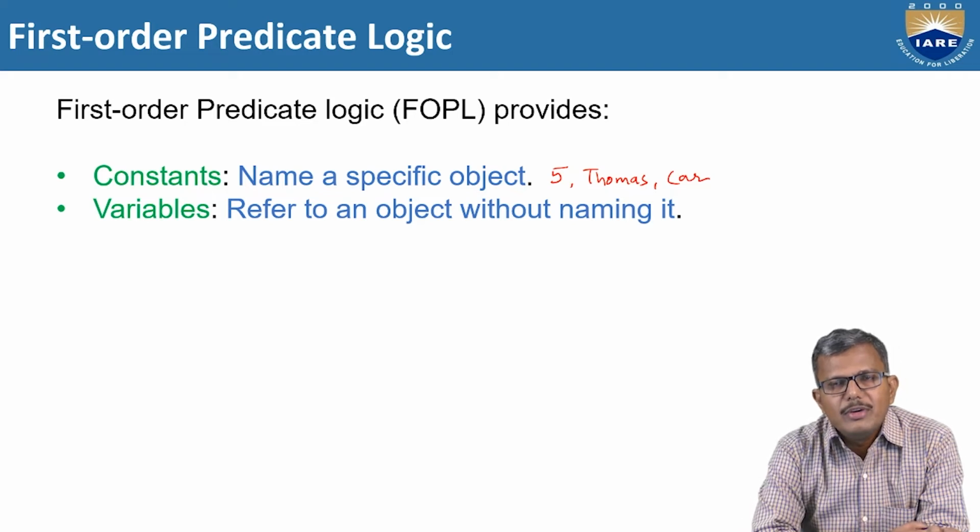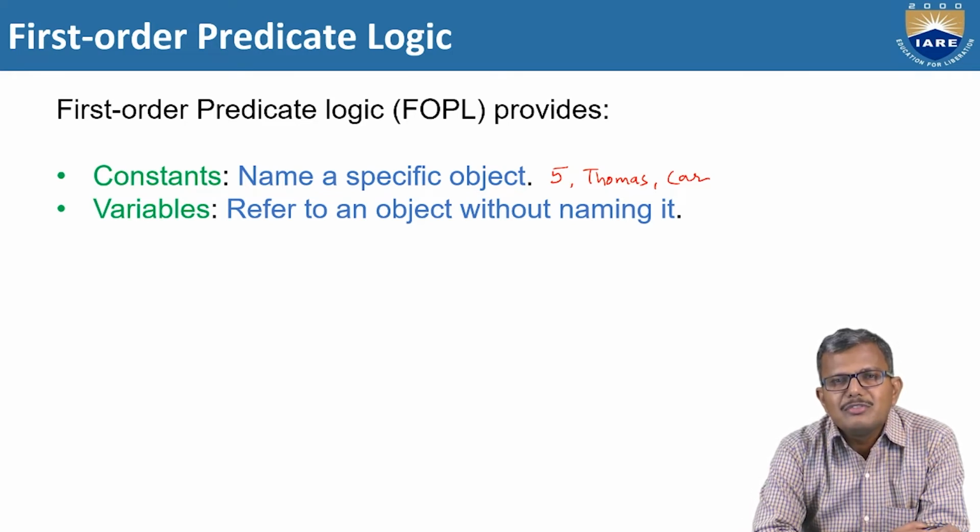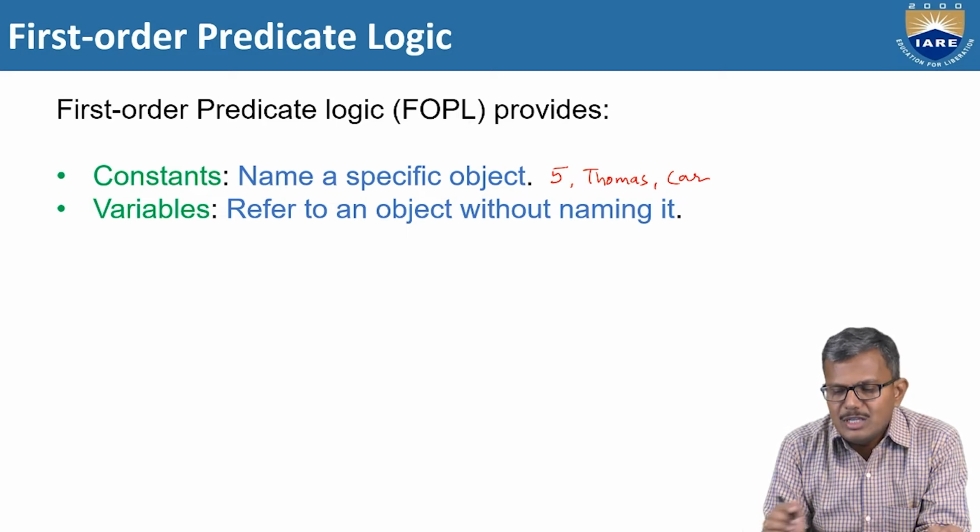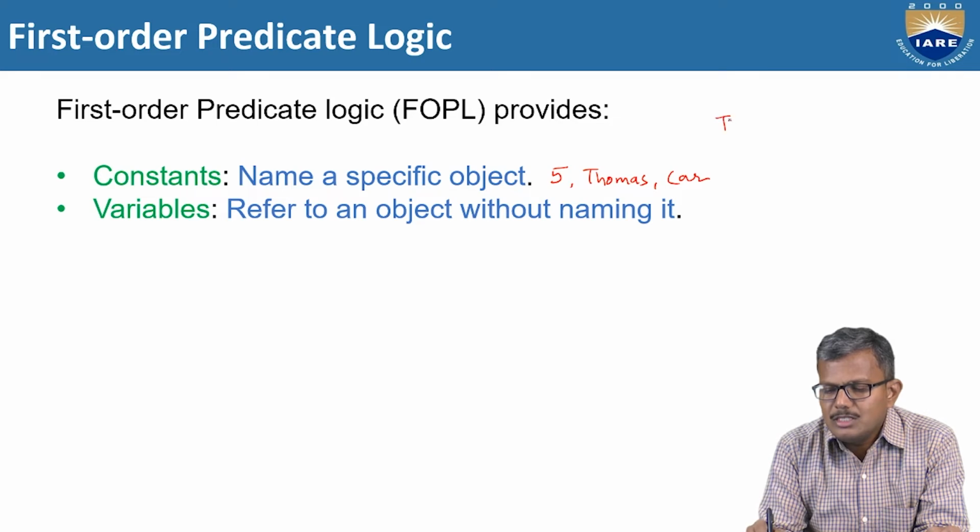Next, variables. Variables are going to refer to a particular object without naming it. For example, I will take the same example: Thomas is hardworking. So in the representation, how do you do it? You are going to write it like this: Hardworking Thomas.